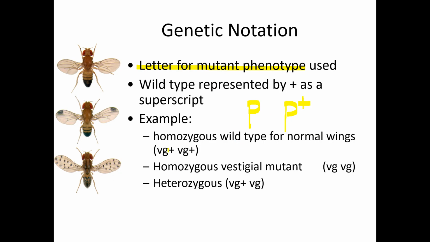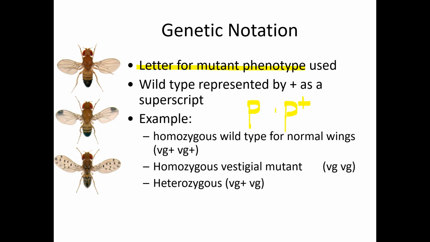So you have, in this case, we're using vestigial wings, which are kind of these little shriveled up wings. And so if you had a homozygous wild, there's my letters for vestigial, but notice it's plus plus, okay? So that tells me I have two wild type alleles. Homozygous vestigial would just be the VG for vestigial. And if it's heterozygous, notice you have a plus on one and then just a VG on the other.